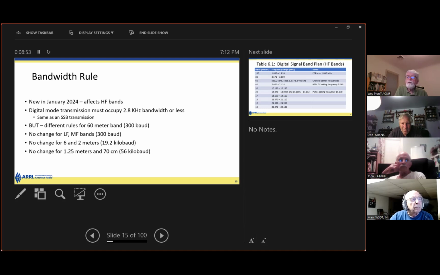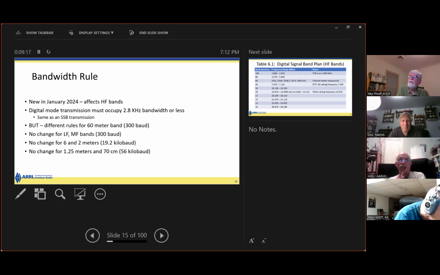6 and 2 meters are the same. The baud rate limit is 19,200 baud, or 19.2 kilobaud. For 1.25 meters, in other words, 220 megahertz, and 70 centimeters, in other words, 440 megahertz, the speed limit is 56 kilobaud.